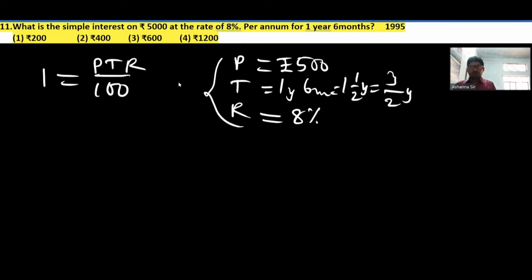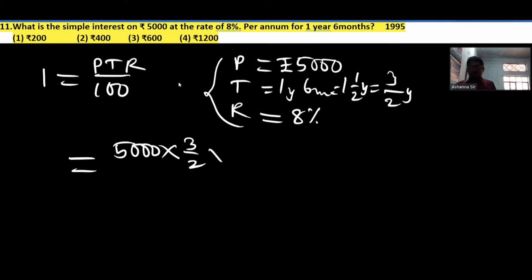Now we have to substitute these values in this formula. Principal 5,000, not 500 children. 5,000, time 3 by 2, rate of interest 8%.